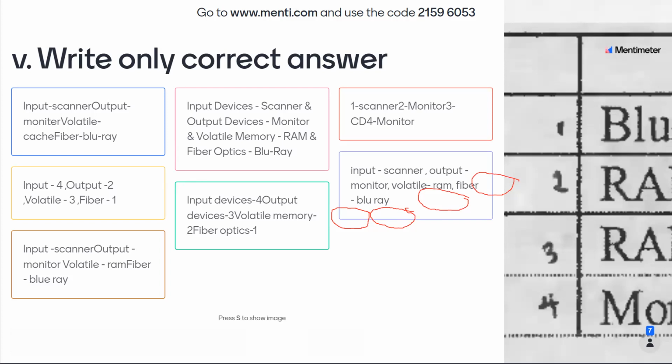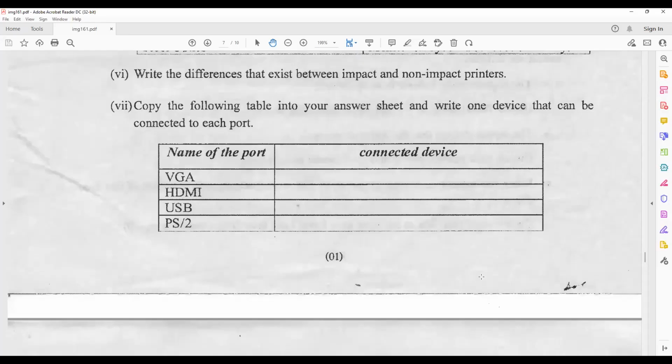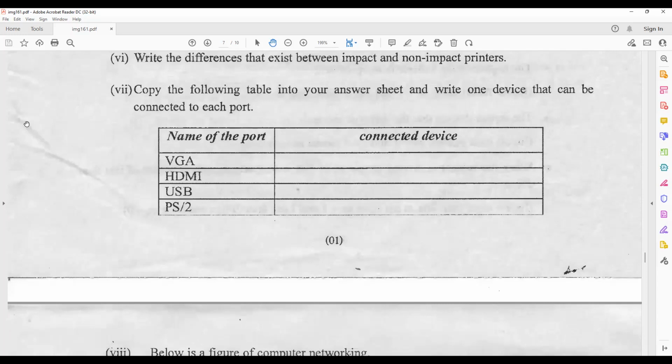Now let's move on to the next set of questions, question numbers 6 and 7. Yes, try to find the answer. First one, write the difference that exists between impact and non-impact printers.